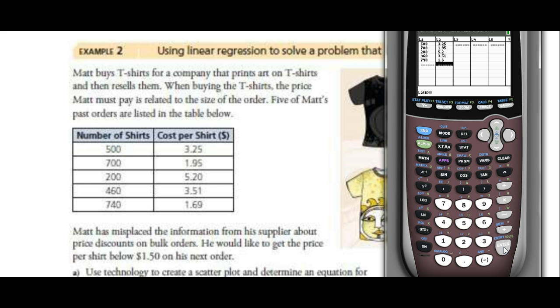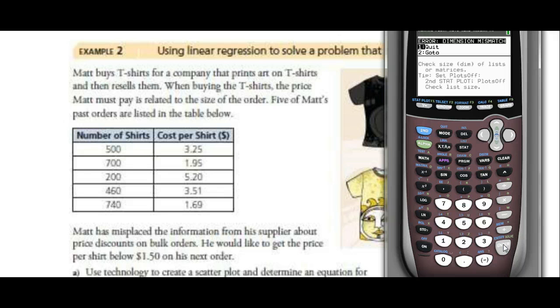Okay, check and make sure your lists are the same size. Here's what's going to happen if your lists aren't the same size. Let me just throw in a value there, okay? So don't do this. My lists are not the same size. When I go to stat, calc, whatever, we're on a linear regression, to calculate, you're going to get error dimension mismatch. Now yours might just say error invalid dim.